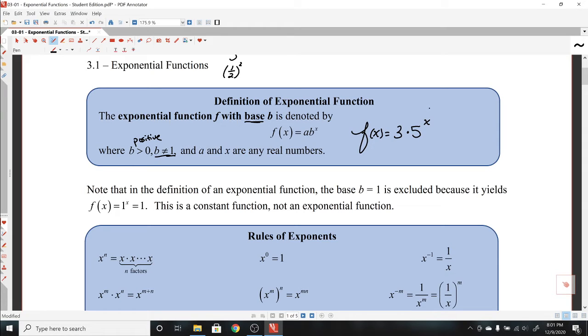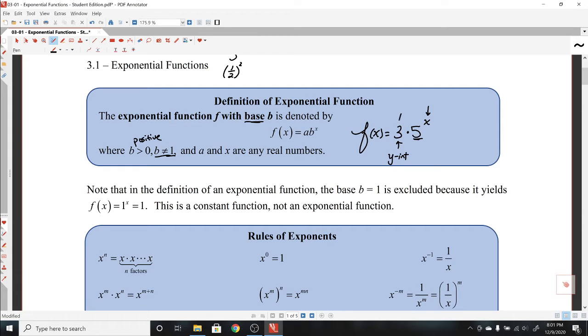So again, the thing here is this is the first time we've seen functions where the exponent is changing and the base is fixed. This number is significant because this is the y-intercept, barring any sort of transformations. And we see that because if I put 0 in here, anything to the 0 power would be 1, and 1 times 3 would be 3.